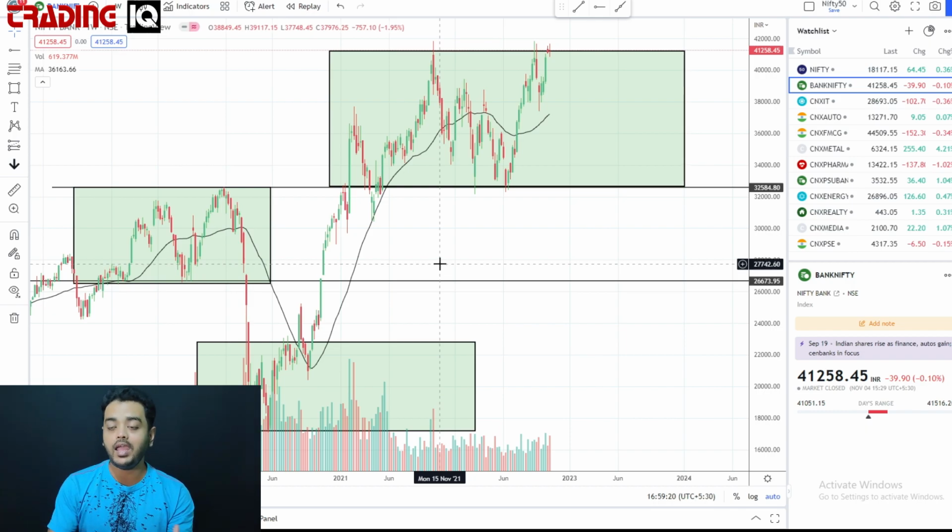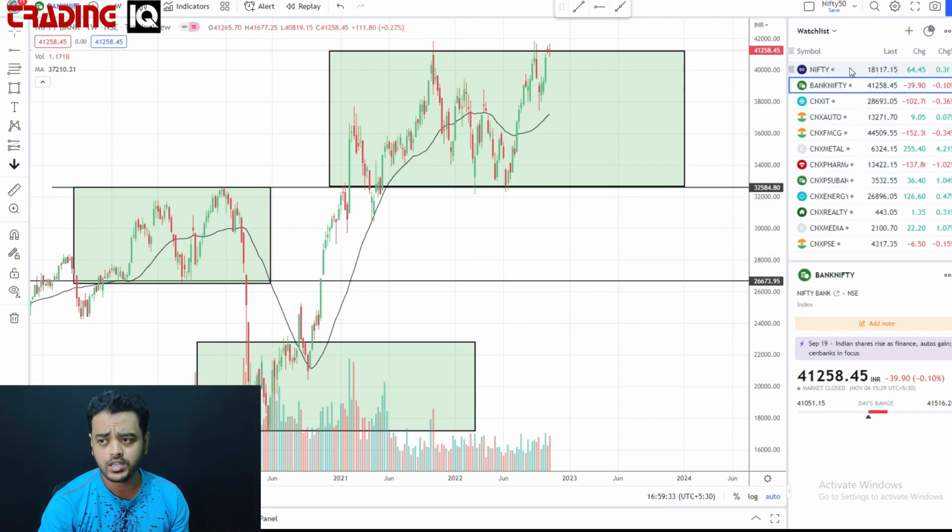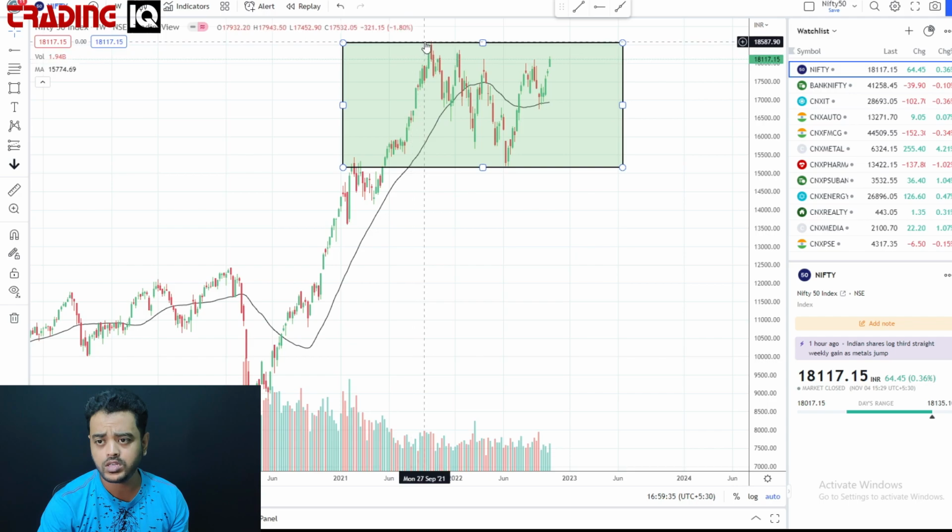So again, if you are to be bullish on Bank Nifty, you have to wait for a certain breakout, and of course you have to wait for the market to break above its all-time high, because it's been moving around that range for a very long time. Since last year, it has been over 1 year in the stage 3 range.